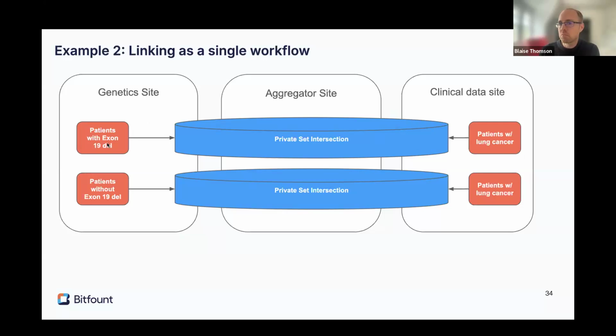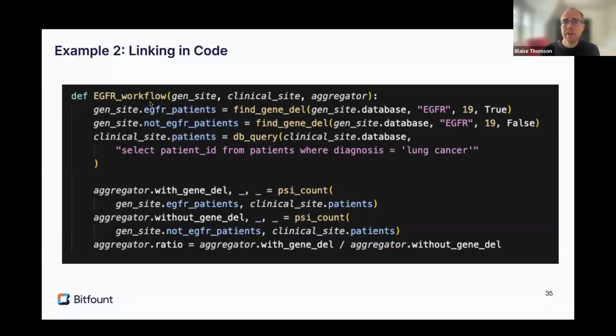And so again, you can write out a very simple workflow, assuming some Python functions that would be built in here. So, find the patients with a specific gene deletion being true or false. And then on the clinical side, you're probably doing a database query, something like selecting all the patients who have this diagnosis.